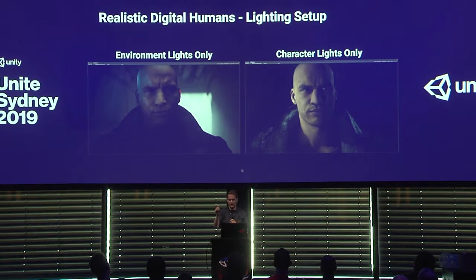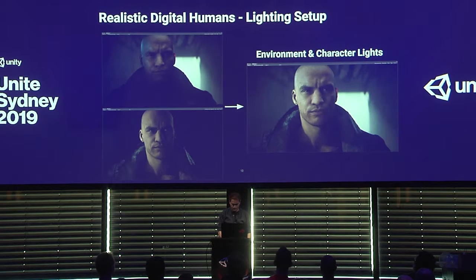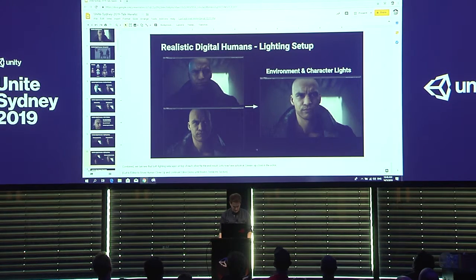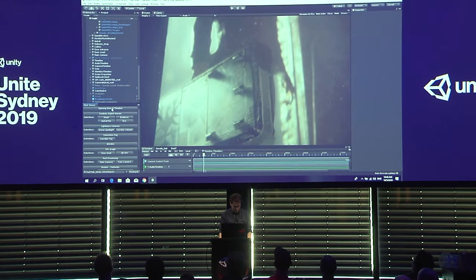So you can now say this light only casts to this light layer, and this object only uses this light layer, so you can do more specific details. Here he has a couple of spotlights and point lights on the left-hand side of his face. Combining those with the environment lights, the environment artist can still set up the corridor lighting, and then with this face rig, you get finer details.